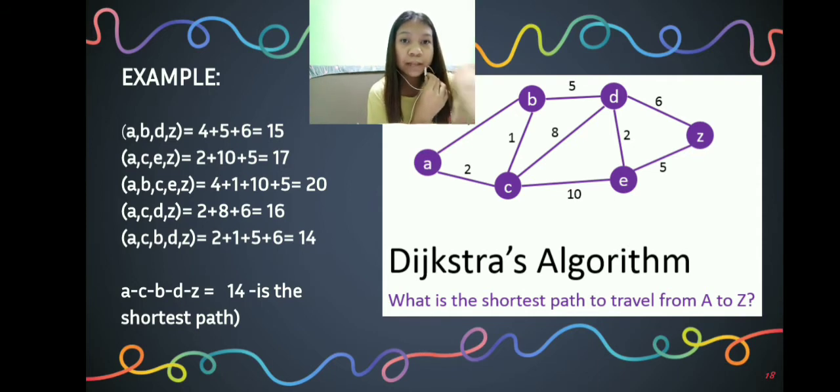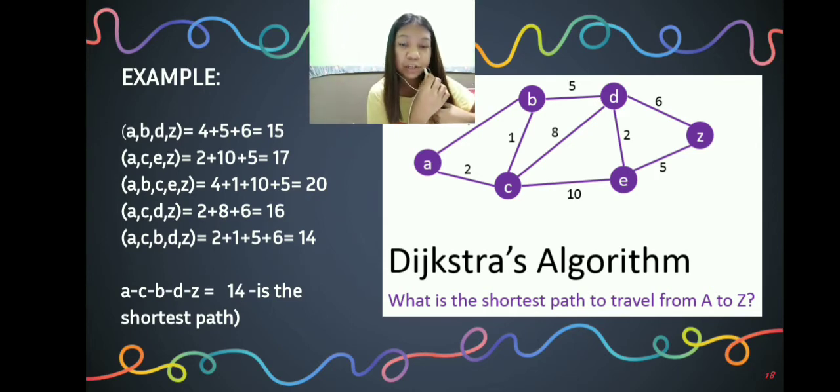There's also a path from A to C to E and to Z, then another one, the third one, from vertex A to B to C to E and to Z, then the fourth one from A to C to D and to Z. But the number got higher.